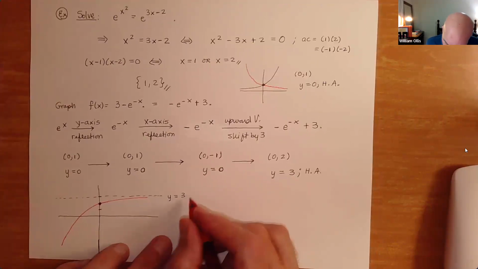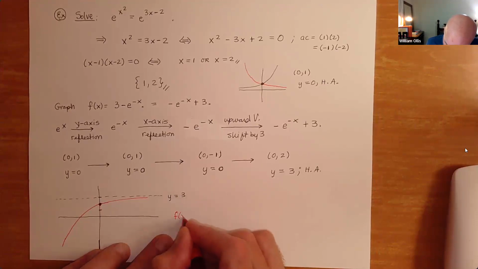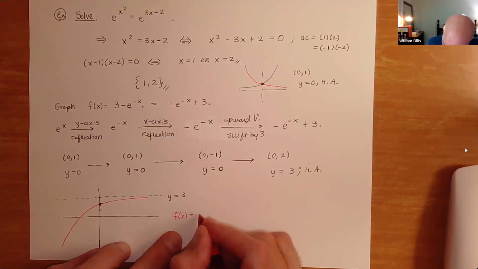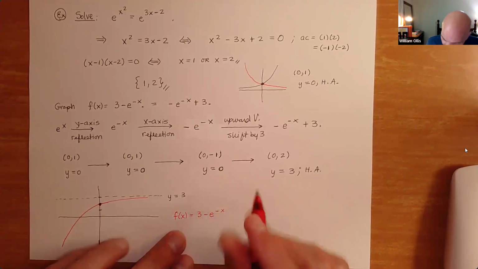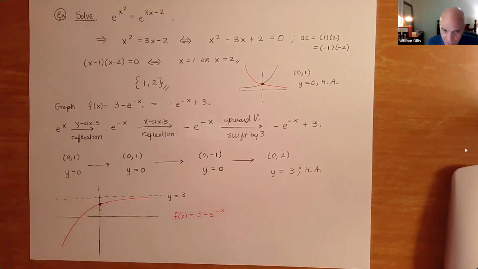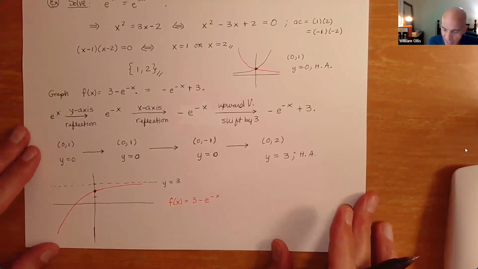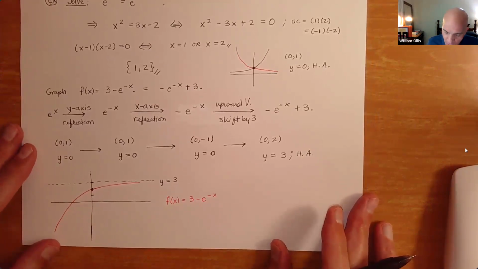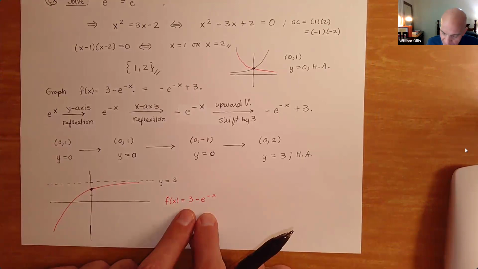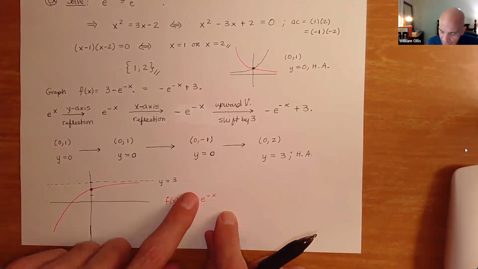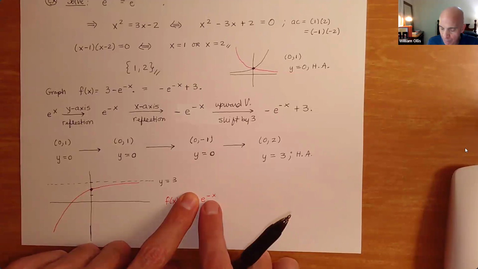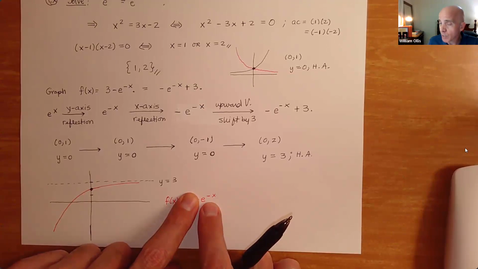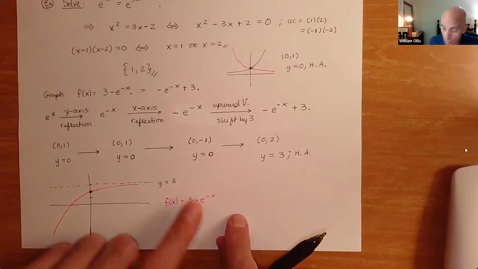So this gives us f of x equals 3 minus e to the negative x. Now, here's something that's interesting about this. We get a lot of freebies here. Notice, this makes perfect sense because we know that e to the negative x is a decreasing function, because if we apply the negative, it just inverts the e to give us 1 over e, which is a number between 0 and 1.